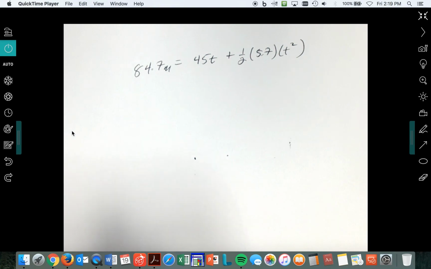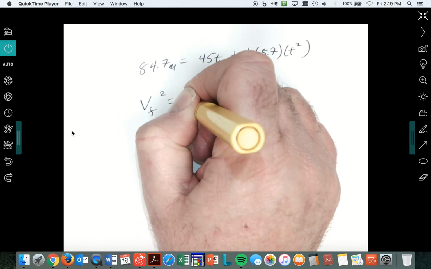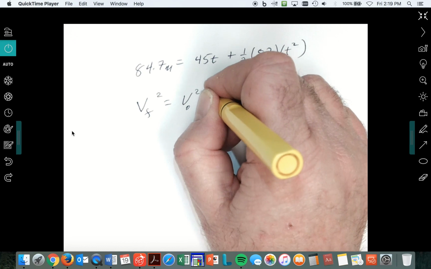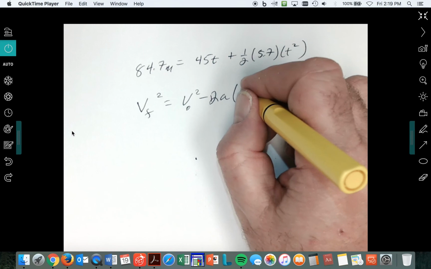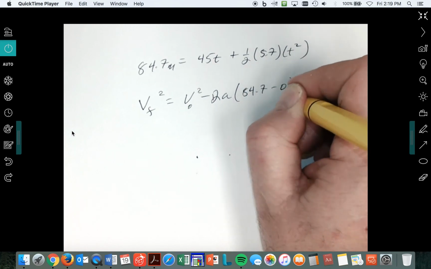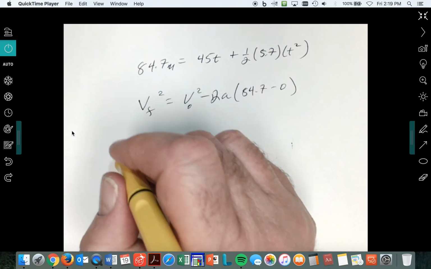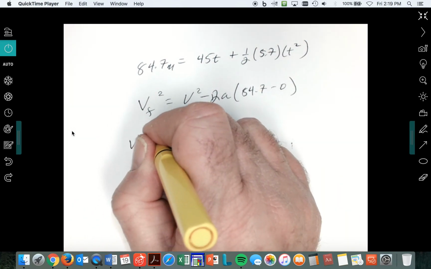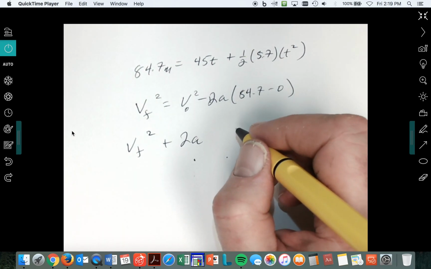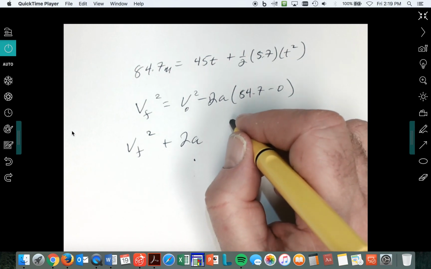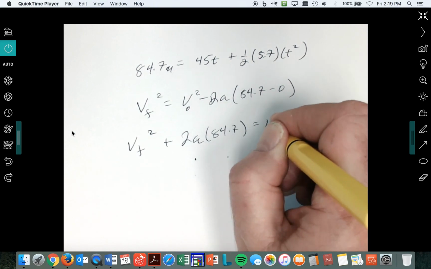Now, if you wanted to, you could have jumped right in and said, all right, well, v final squared is equal to v naught squared minus 2a, because it's slowing down, times x final, which is 84.7 minus 0. Okay, and you could have found v final squared plus 2a times 84.7 is equal to v naught squared.